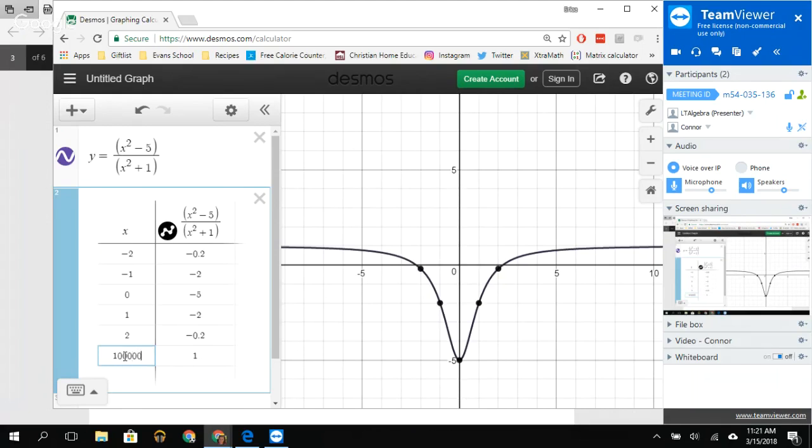Eventually it's going to get to 1 because it can't calculate it. We'll put in a really big x. We also know what happens when x equals 0. So I think we have enough values to kind of figure it out.